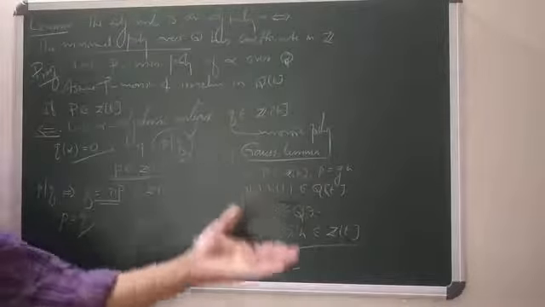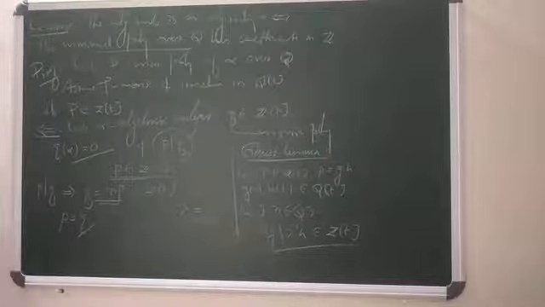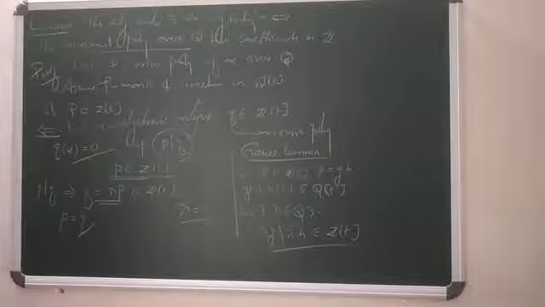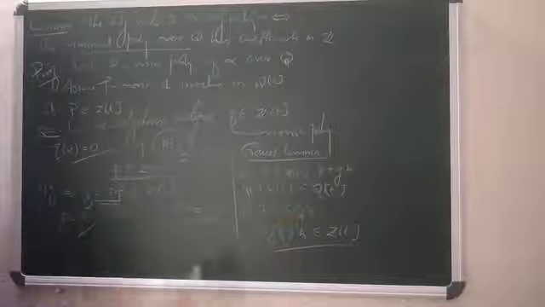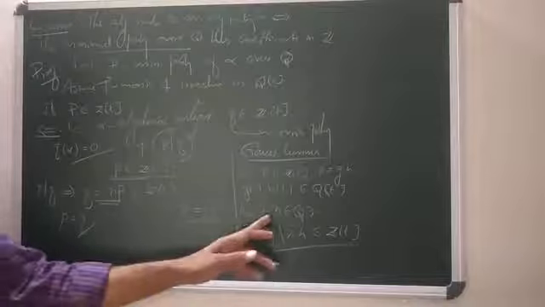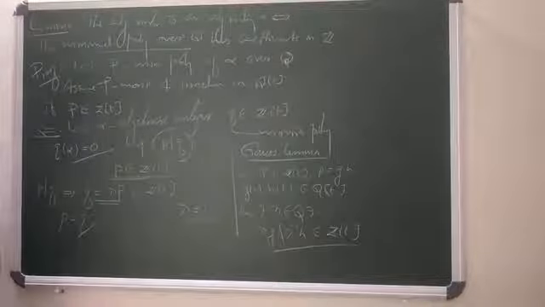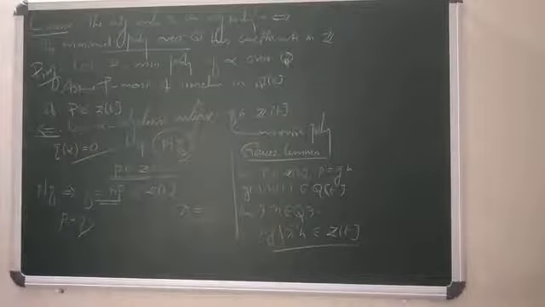But Gauss lemma states that when P is a polynomial having integer coefficients, and it can be expressed as the product of two polynomials with rational coefficients, then there exists a rational number lambda such that lambda G and lambda inverse H are again polynomials having integer coefficients.